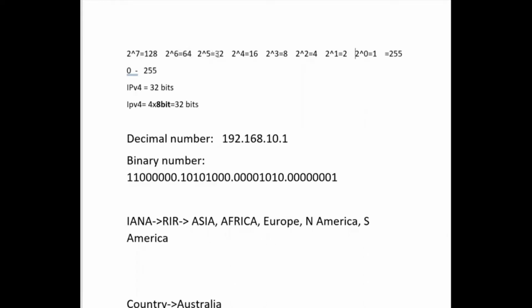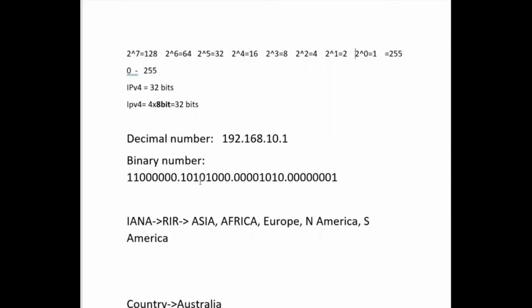The other bit values we don't need, so we put 1 1 and then six zeros. For 168, we need 128 plus 32, which makes 160, plus 8, altogether 168.